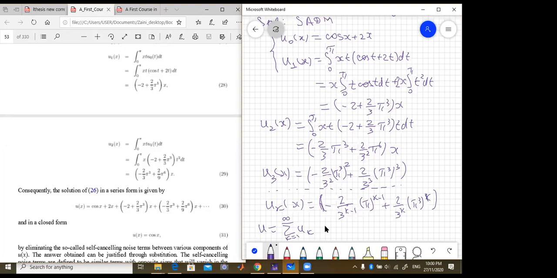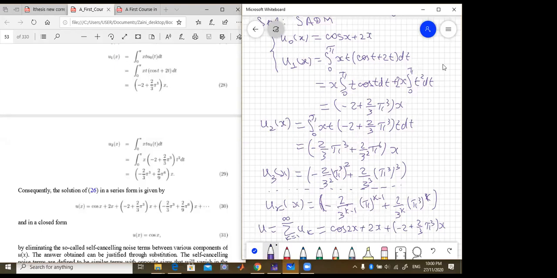But for this case, we do not need to stop at point n, because you will see u0 is cos 2x plus 2x plus minus 2 plus 2 over 3 pi cube x.